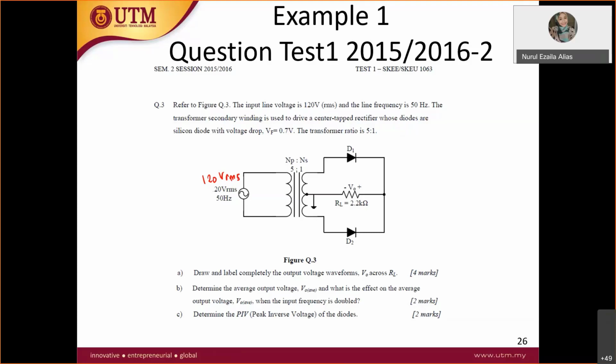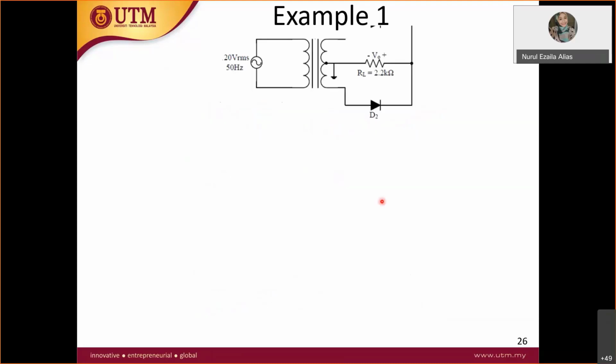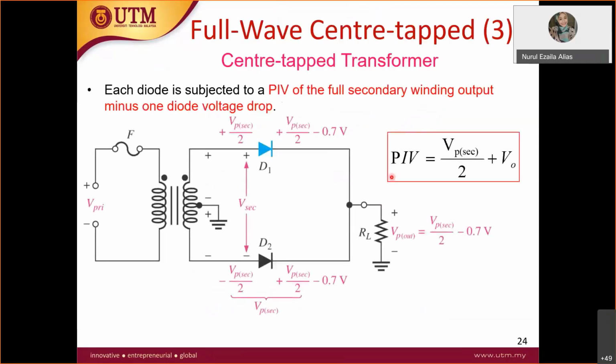What can you see is the difference? This is actually a center tap, although it is not written in the question. It is a little different from the theory one I showed you, where you have your resistor. Follow me step by step. You have D1 here, connected to the plus of RL, and the negative of RL goes to the ground.